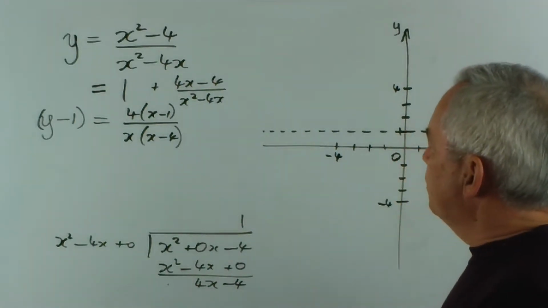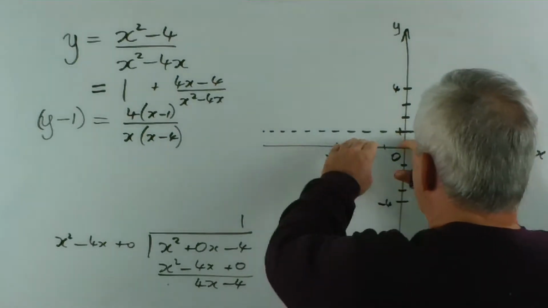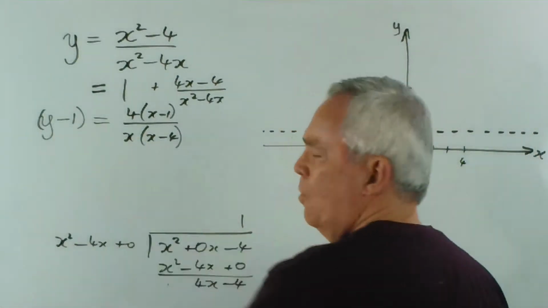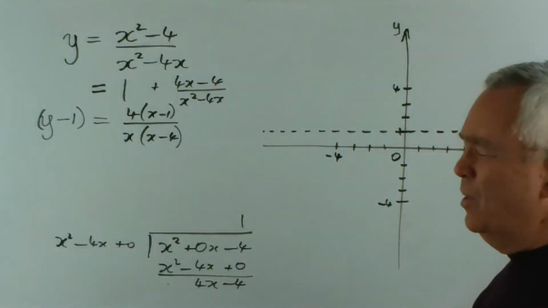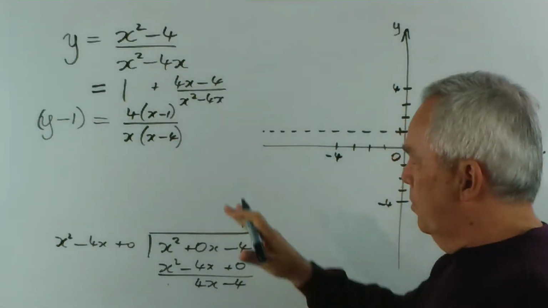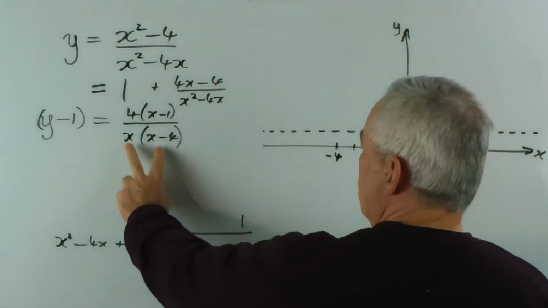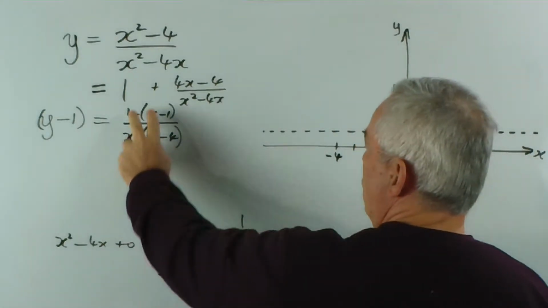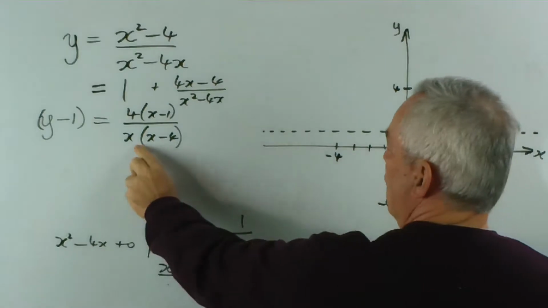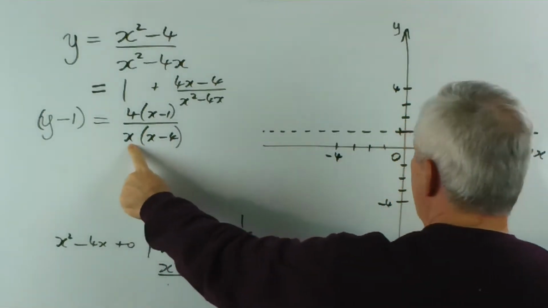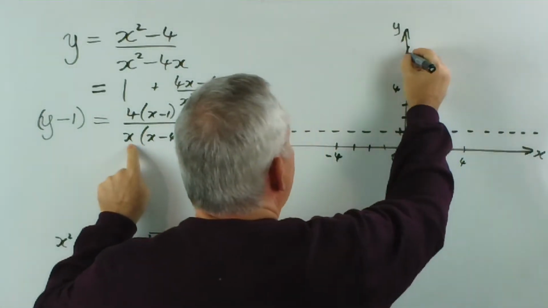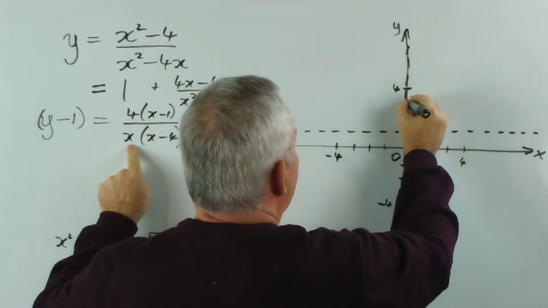What does it tell us? Well, first of all, it tells us the horizontal asymptote is where y equals 1. Well, we sort of knew that anyway, but it's just another way of seeing that. It tells us we have two vertical asymptotes. Well, we could have seen this up here too. One asymptote is where x is 0, so it's going to be right here on the y-axis.